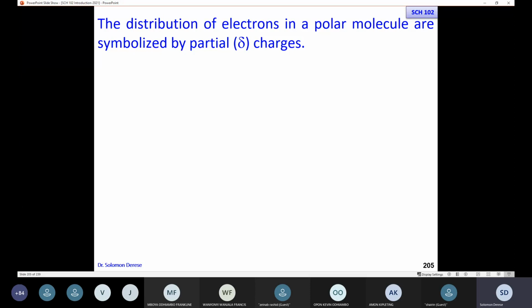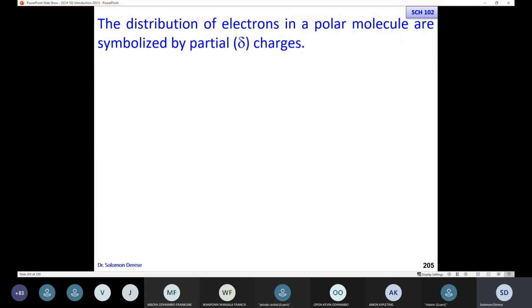It's not ionic. It is only in an ionic situation where you have the two elements having full charges. In sodium chloride, we have sodium, which is fully positively charged, and chlorine, which is fully negatively charged. But in a covalent bond, we cannot have fully positively and fully negatively charged species, but one of them will be partially negative, the other one will be partially positive.